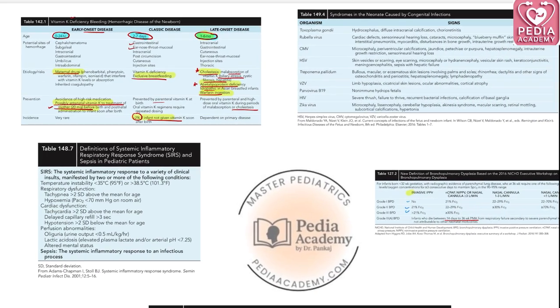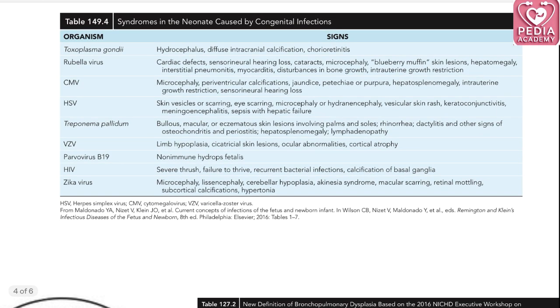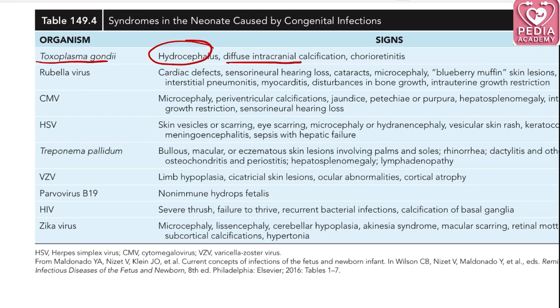Okay. And now we'll discuss some syndromes caused by congenital infections. Like toxoplasma, just remember keywords hydrocephalus, diffuse intracranial calcification and chorioretinitis. Rubella virus: cardiac defect, SN hearing loss, cataract, blueberry muffin lesions, very important.